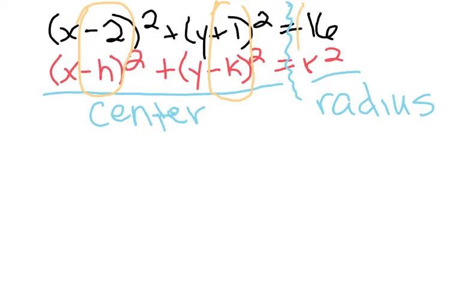So what we're going to do is the same thing on the right side. We're going to take the 16 and the r squared and set them equal to each other. So r squared equals 16.